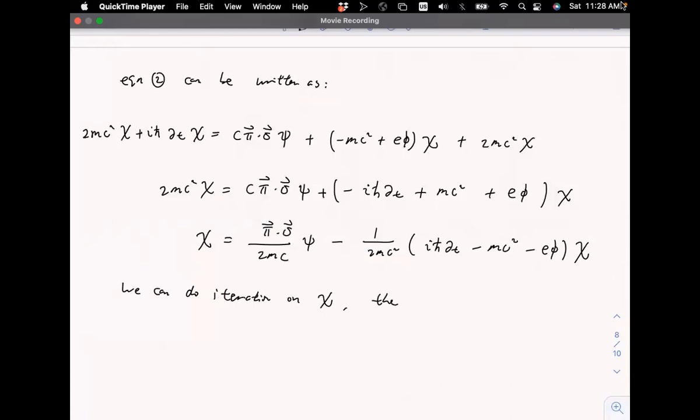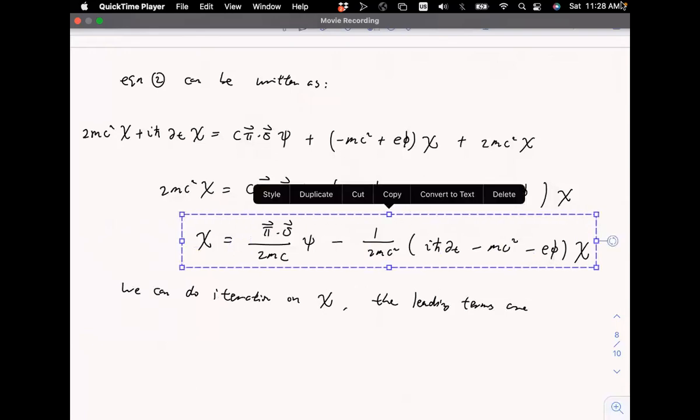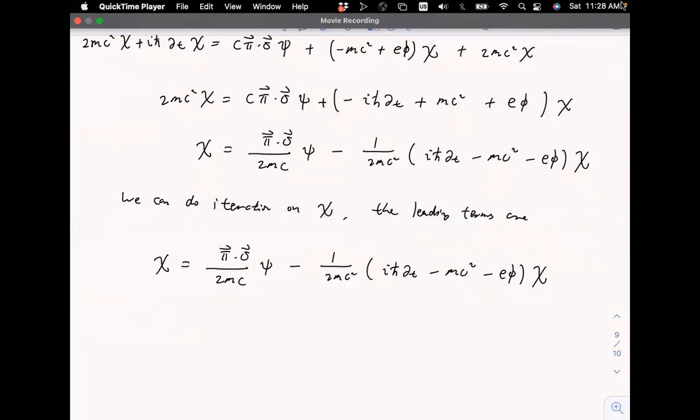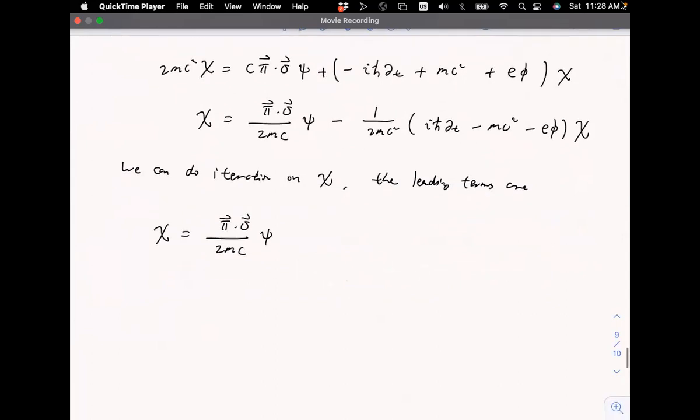The major term, the leading term. So if you only do it like this, then this will be the leading term.